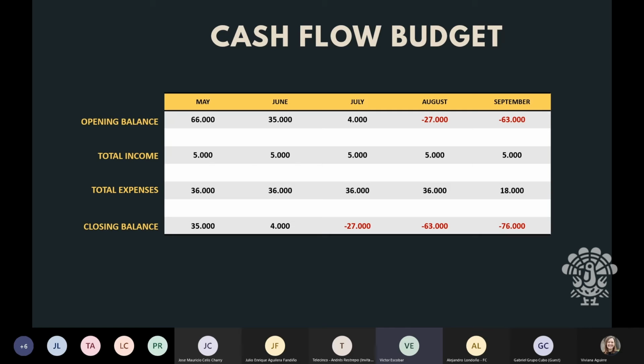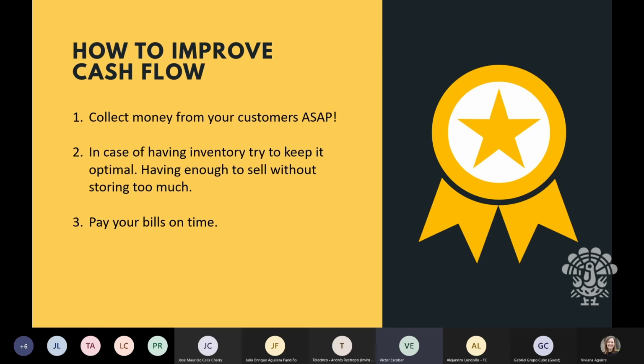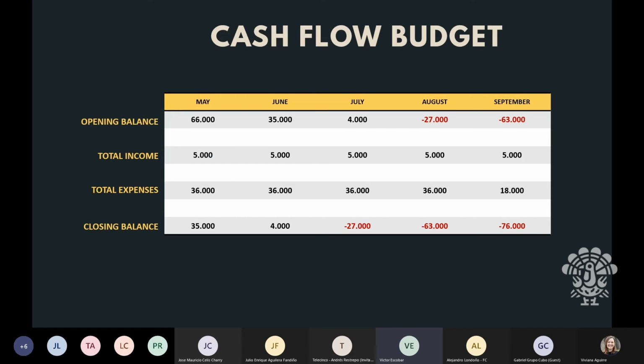By the end of September, they had to cut their expenses by half, trying to help, and they had a negative balance of $76,000.